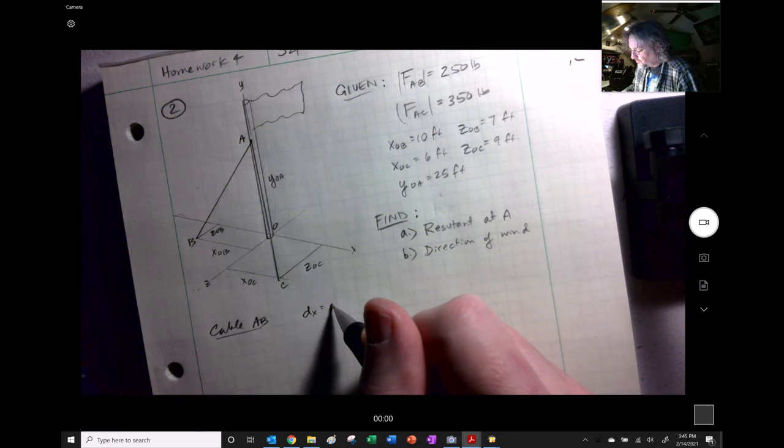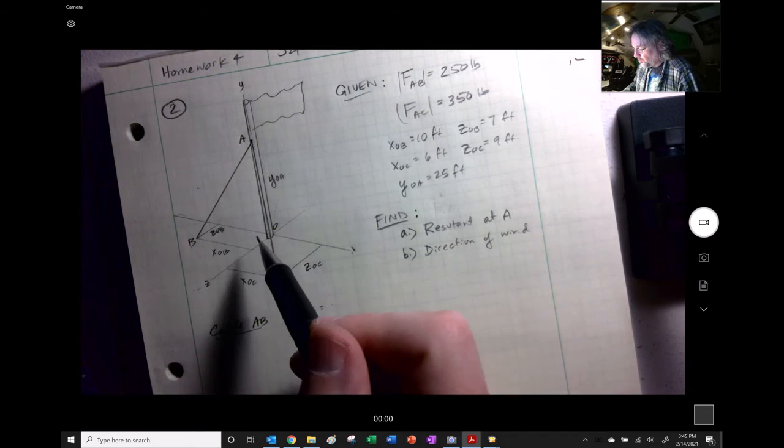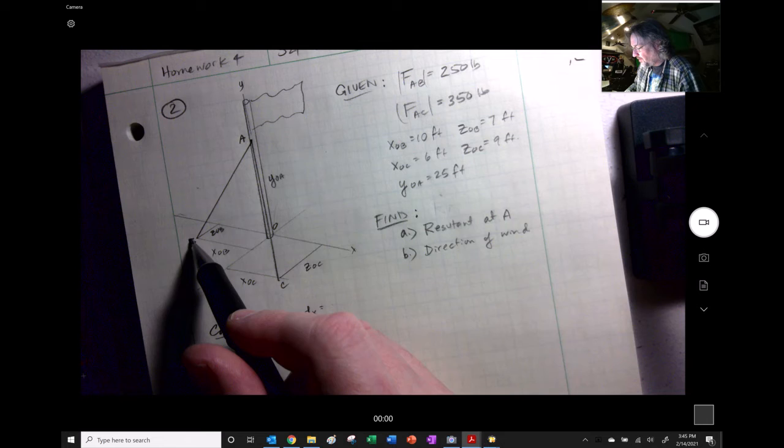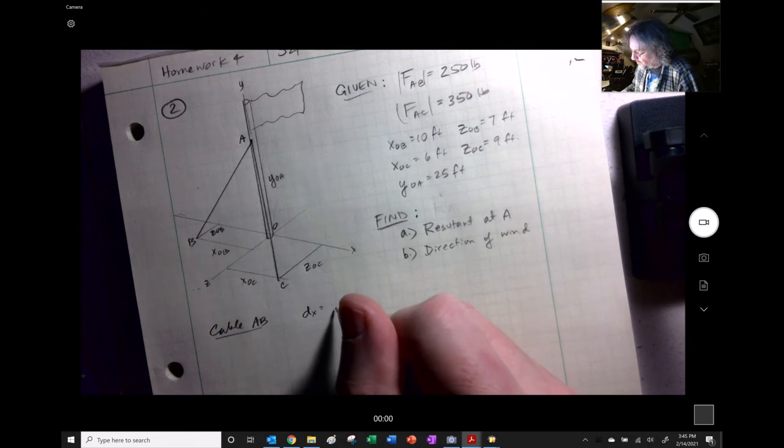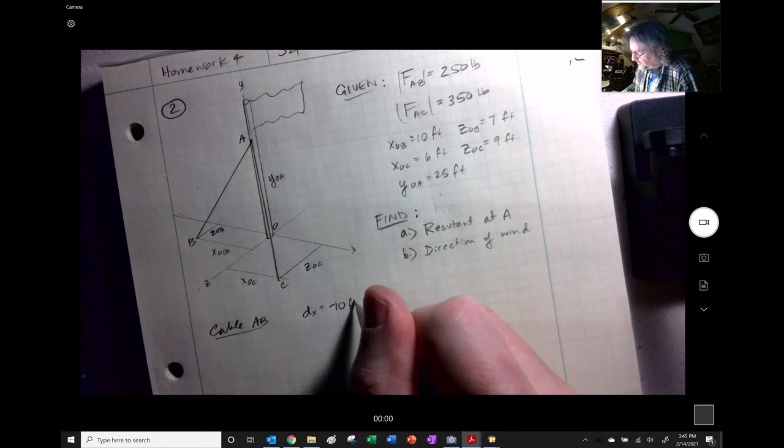So in the x direction on B, we're going in the negative x, so it's going to be negative 10 feet.